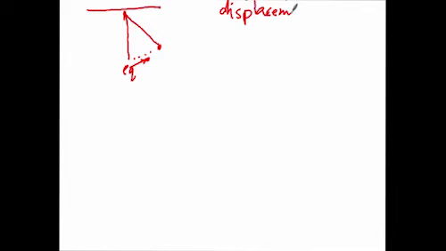Now, first of all, we have to know, for example, for a pendulum, this is the equilibrium position, sorry, and the mass can be here. It can be anywhere here. The distance from the equilibrium point to the position of the mass, wherever the mass is, is called displacement, x.